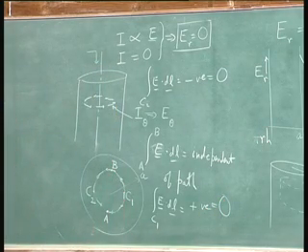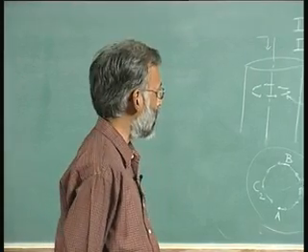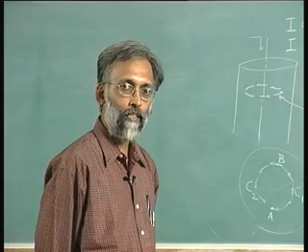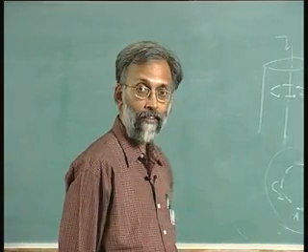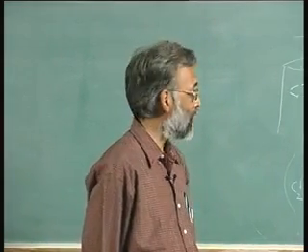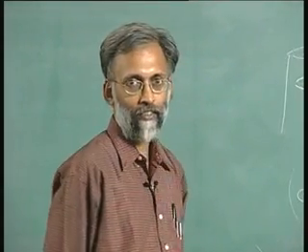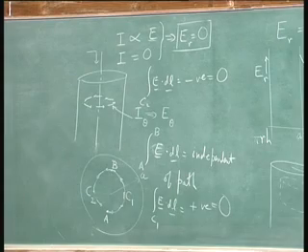So, you cannot have circulating currents and therefore circulating electric fields inside a material, inside electrostatics. The moment you have Faraday's law, of course, you can have it. And that is a very important topic we will come back to.